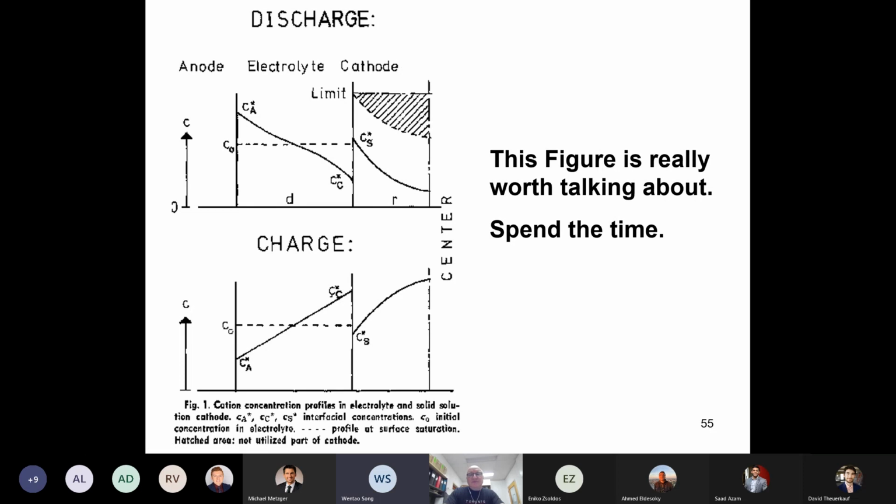Jeff, for the cells discharge or charge, we do the CCCV, because the CV step is to eliminate this surface and bulk concentration difference. Yeah, that's exactly right. So Wen-Tao's exactly right. What we do is we hold the voltage fixed, and that allows time for these concentration gradients to relax and for this unused region to fill up.